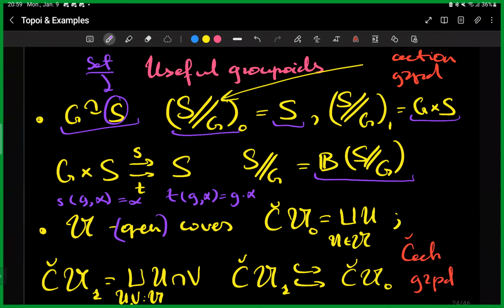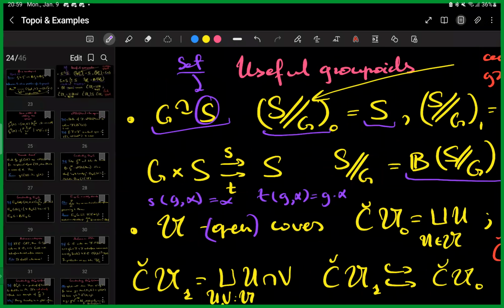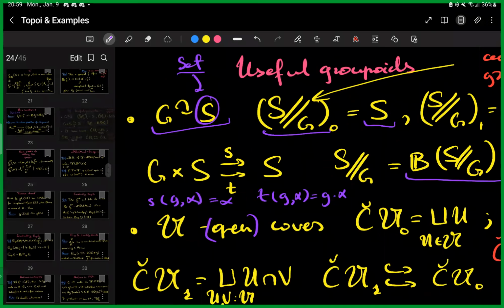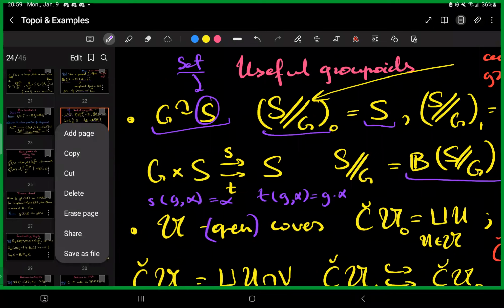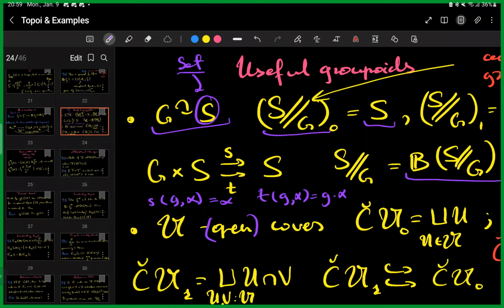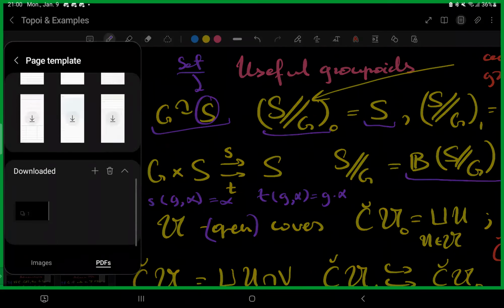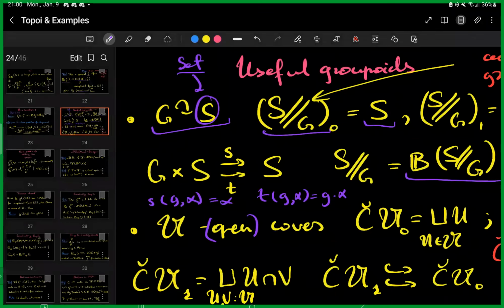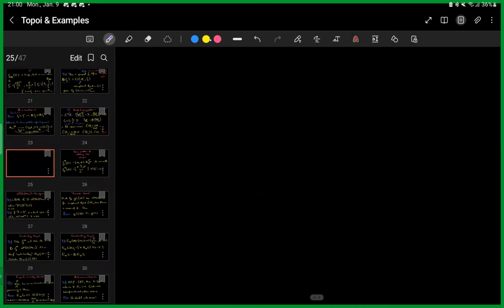What is the action? Okay, so maybe let's discuss it a bit more, because I understand that it can be quite confusing since I didn't specify anything at all. Okay, so assume that G is a group object in a category. What does it mean? Well, it's just the same thing as for usual groups.